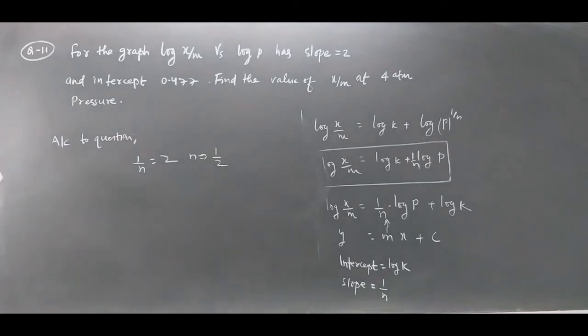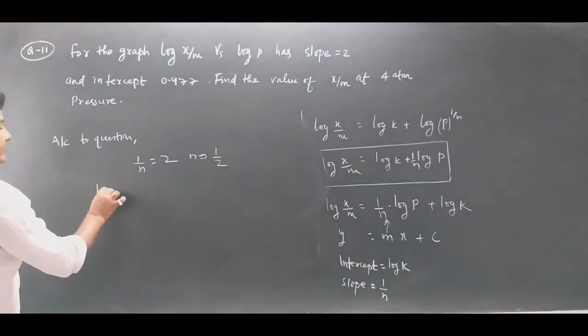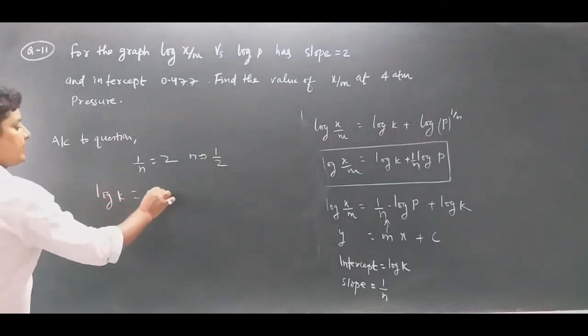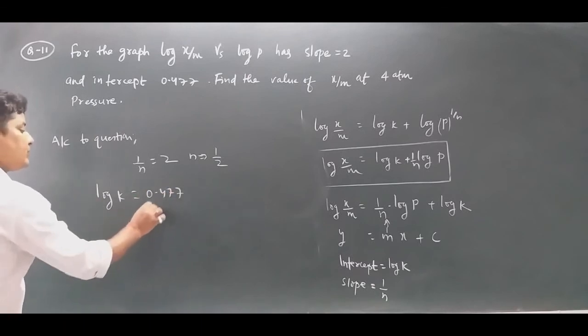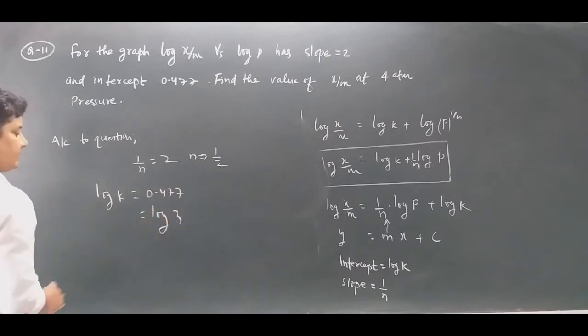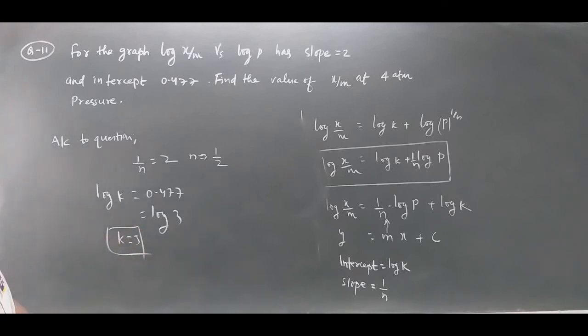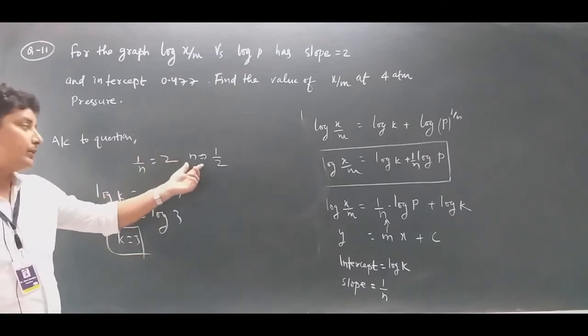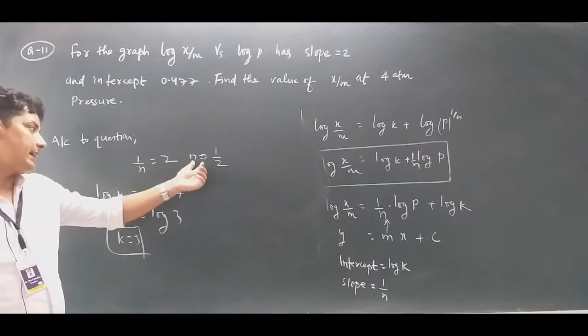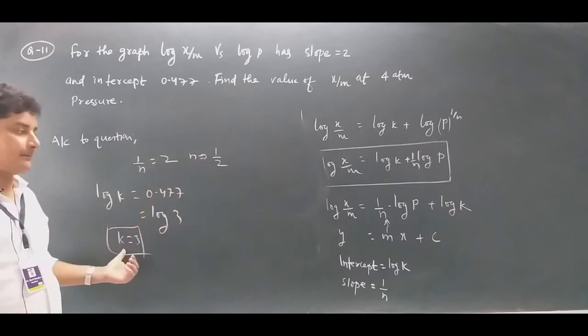The intercept log k is 0.477, which is the value of log 3, so k is equal to 3. So we have got two numbers, n and k.